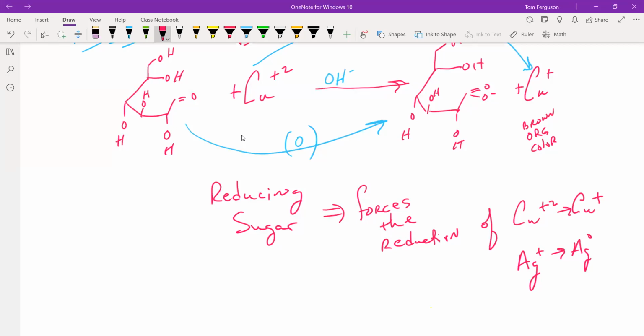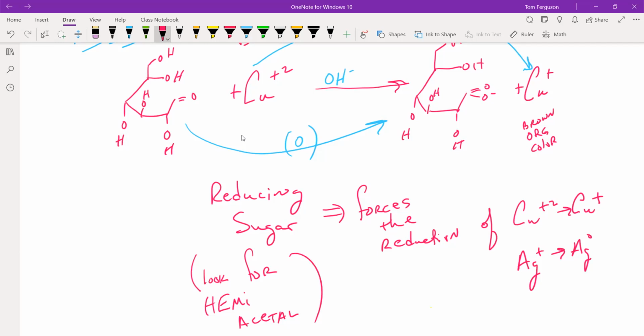Okay, so reducing sugars. You have to be able to identify what is a reducing sugar. You're going to look for a hemiacetal.